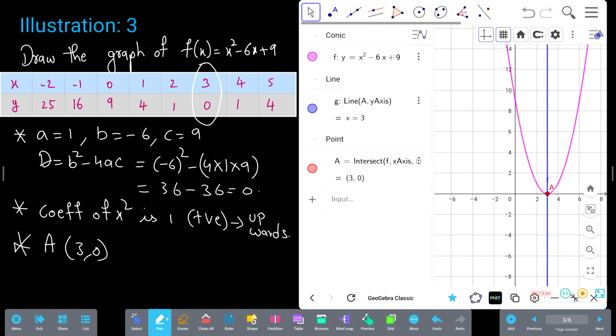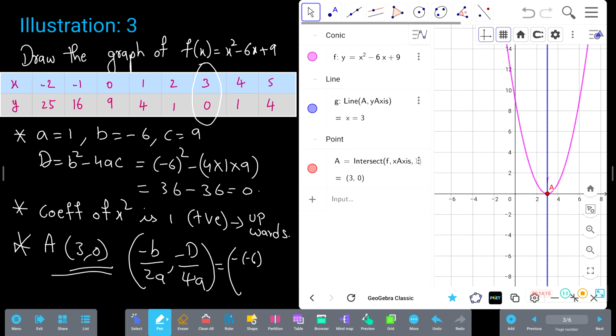Okay, so this vertex and zero value are both the same. We can find out this vertex or zero value using this formula also, minus b by 2a and minus d by 4a. If you substitute the values here, we'll easily get that. Okay, so we'll substitute and see. Minus b is minus of minus 6 by 2, and minus d by 4a.